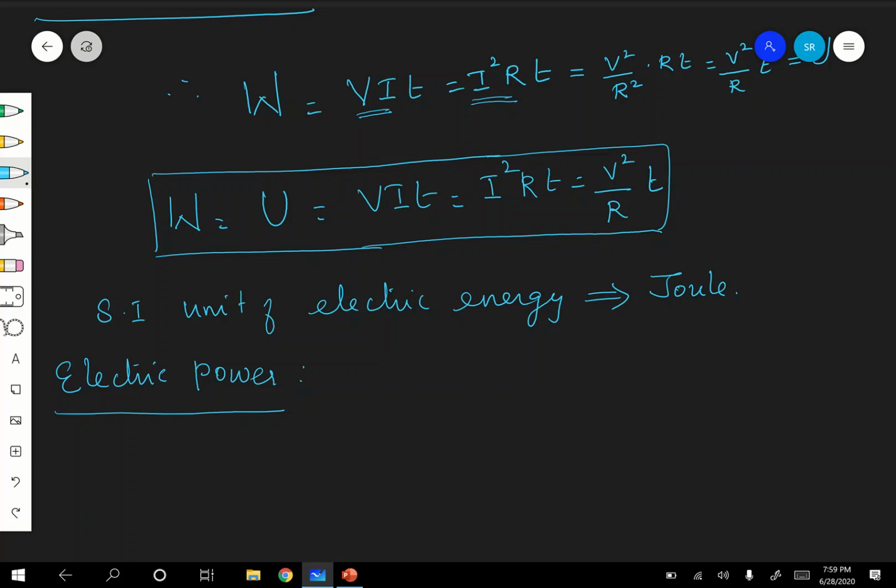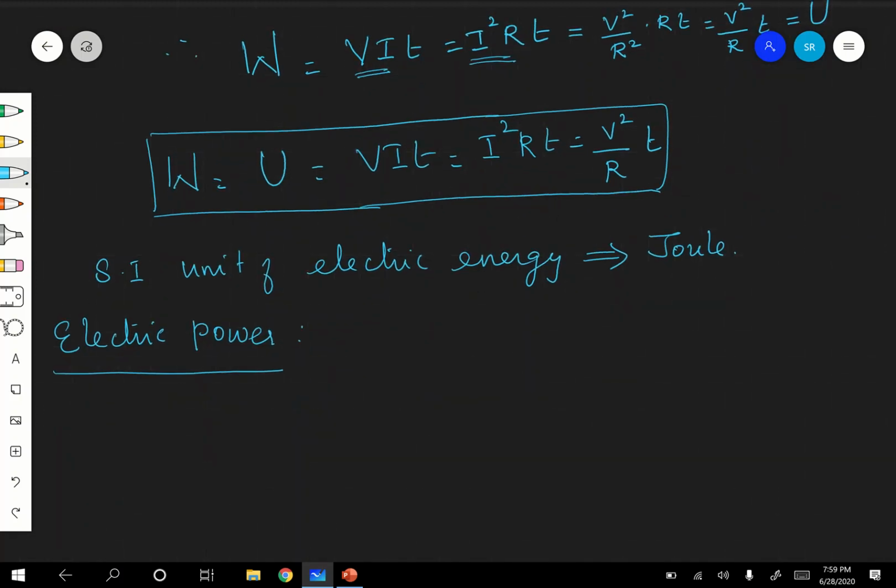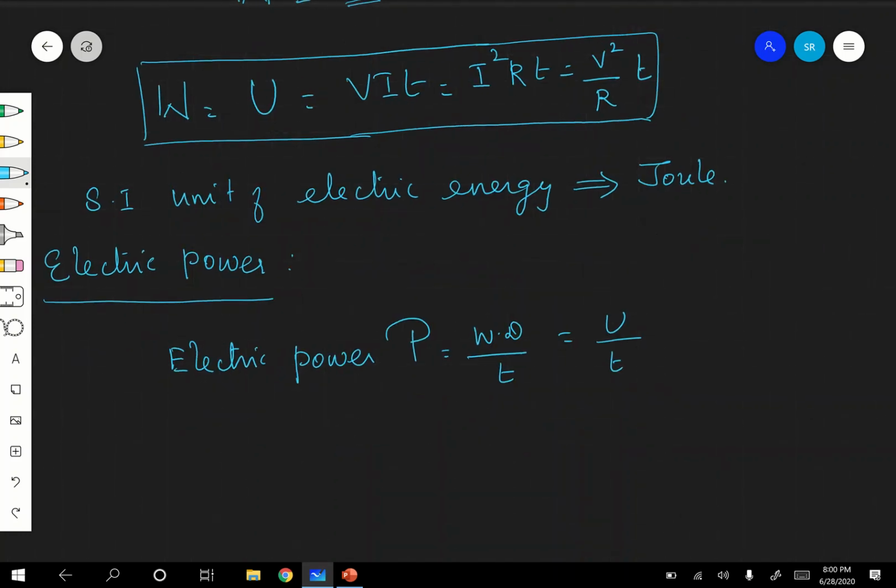Therefore, how to express it? The electric power is denoted by capital P. The power is nothing but the rate at which the work is done. Therefore, work done divided by time, or the rate at which the energy is supplied, or it is U by T. Are you following? Just now we have seen what is W, work done, and what is U.